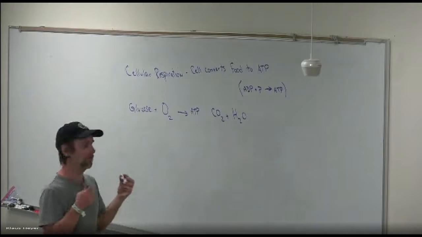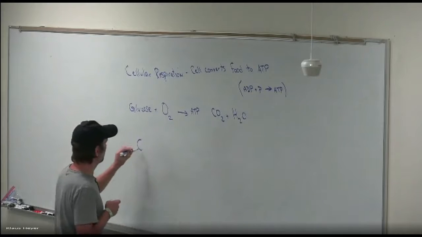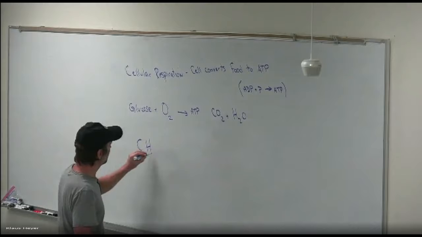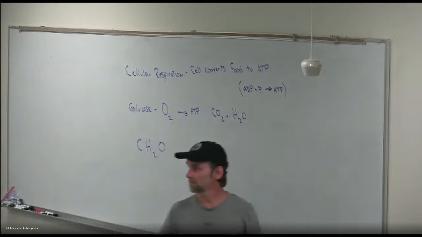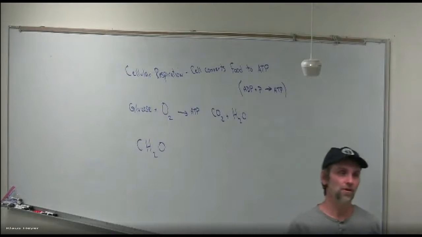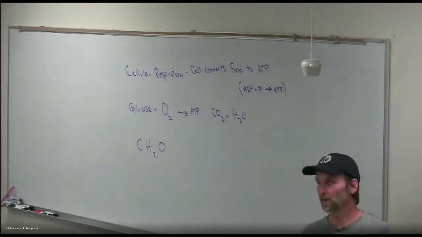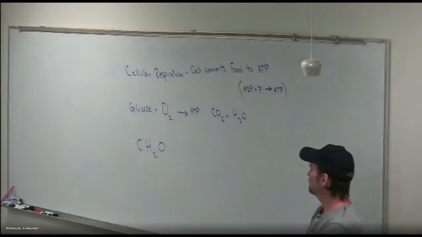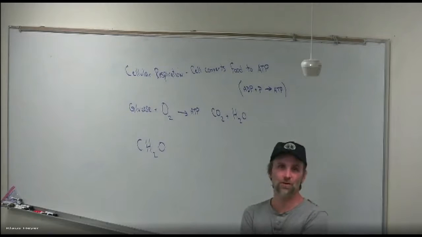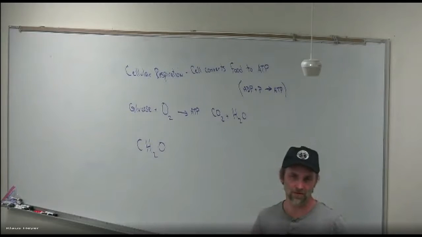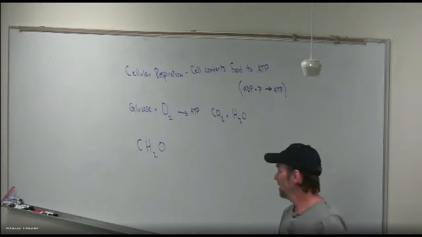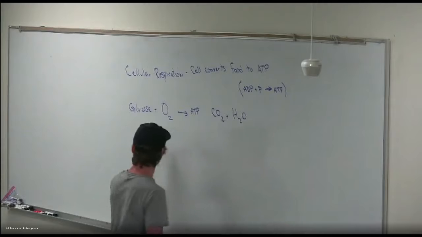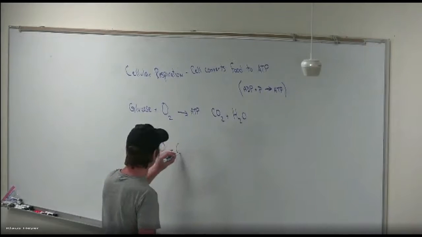Remember, the carbohydrates are written in ratios of 1 to 2 to 1. So instead of writing C6H12O6, I just wrote CH2O, just to make it easier. So it's CH2O, that's the glucose going in, and then also you need oxygen.